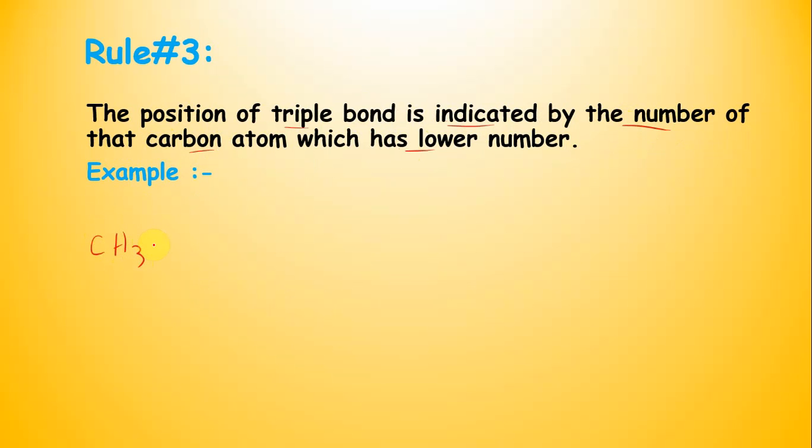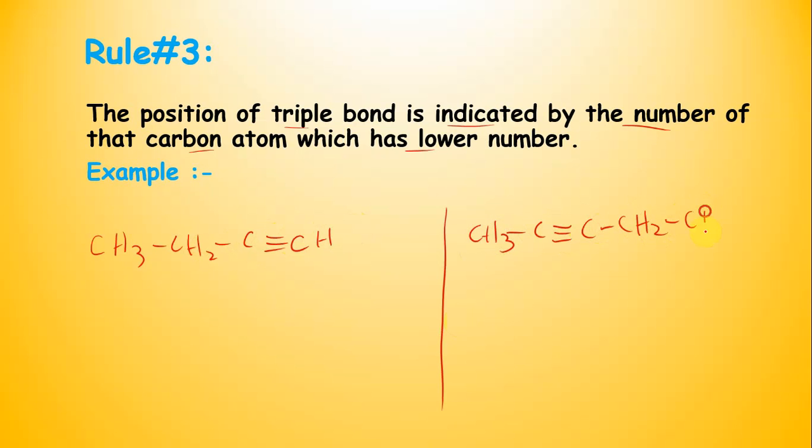This one: CH3, CH2, and carbon-carbon triple covalent bond, and then CH3. And there is another example: CH3, then the carbon-carbon triple covalent bond, then CH2, and then CH3 as well.